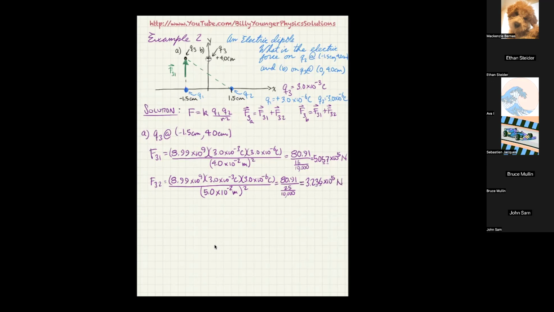So again, I've written 2 extra digits beyond what the sig figs justify, so we can make sure we're keeping all of our numbers to a couple extra sig figs in the intermediate calculations.